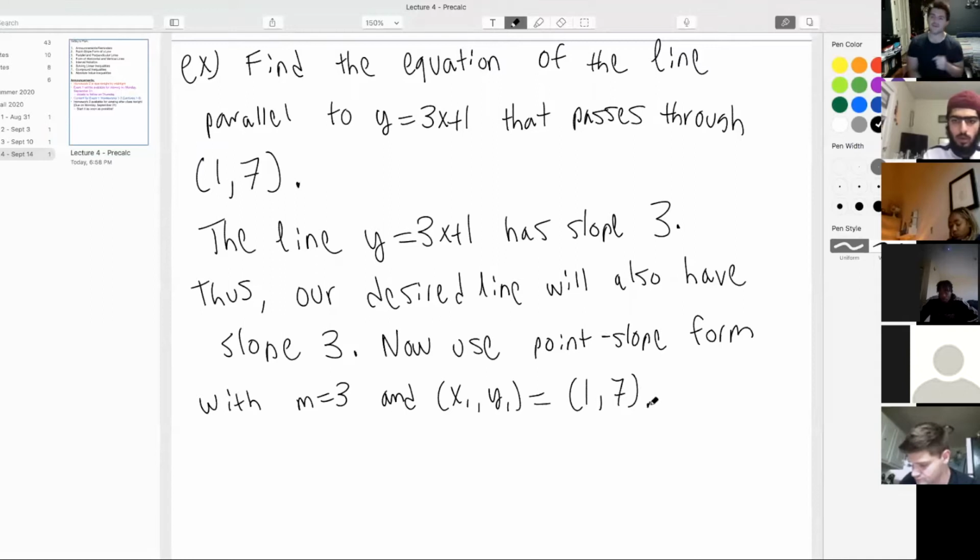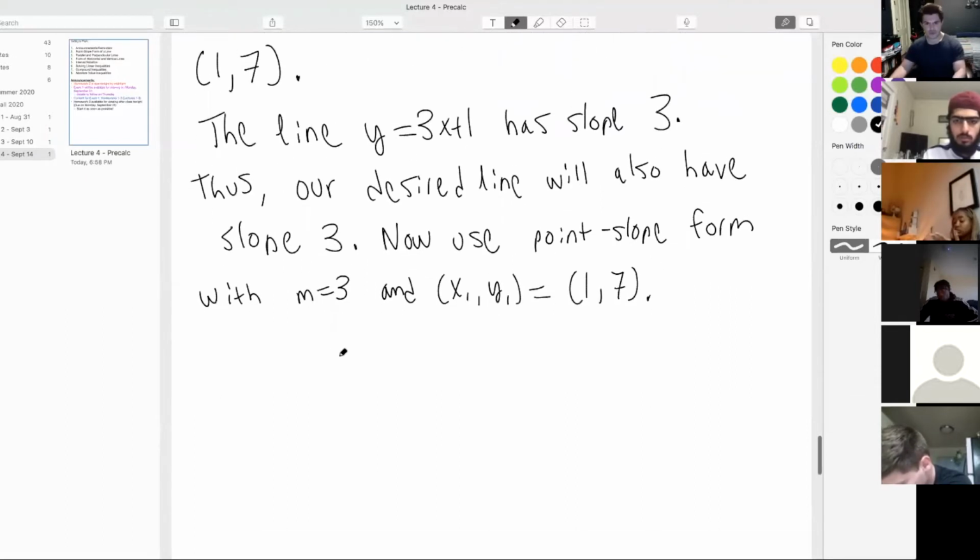So now we have reduced the question just like the previous example. I'm just going to do this computation. Remember, it's y minus whatever the y coordinate is, in this case 7. This will be y minus 7 is equal to the slope m, so that's 3, and then x minus the x coordinate, which is 1.